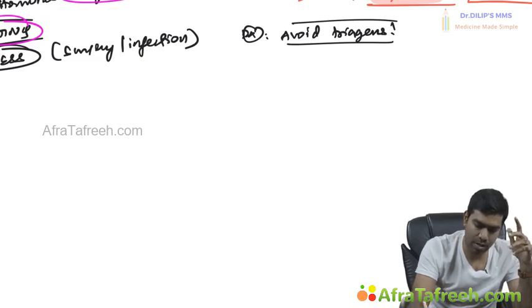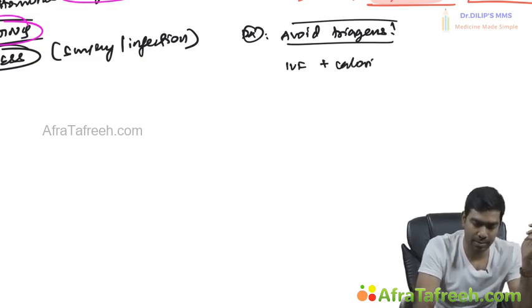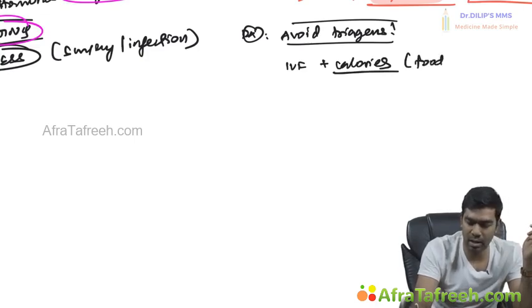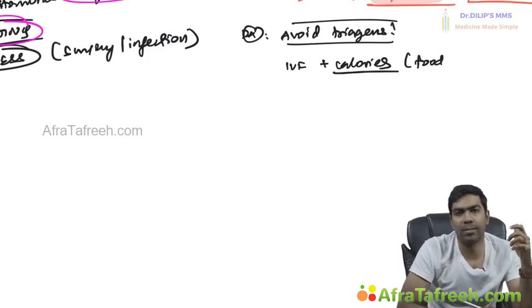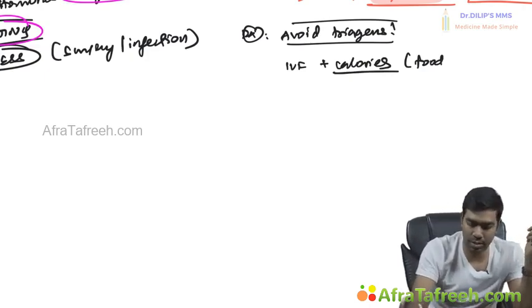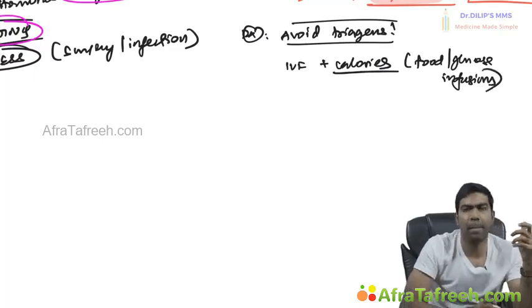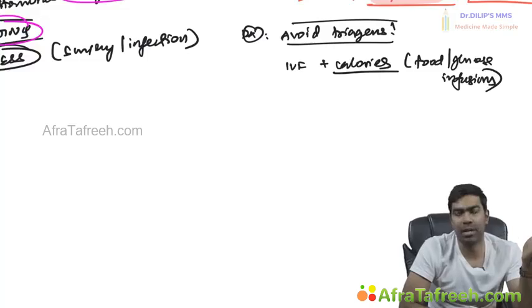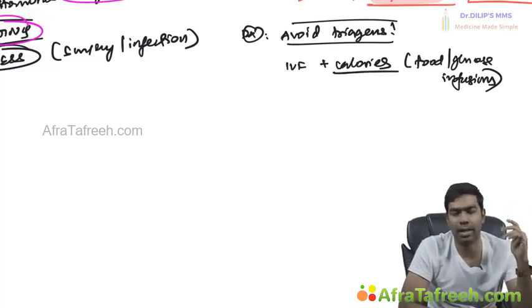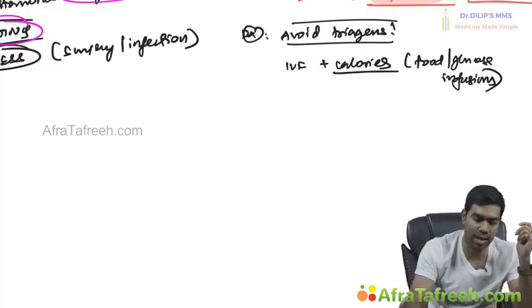Typically, you are going to use IV fluids, hydrate the patient, plus you can give a good calorie diet, which means food and a high calorie diet, or you can give glucose infusions, dextrose infusions. Because I told you fasting will accelerate the ALA synthase enzyme, but if you are giving a good amount of glucose, which is the opposite of fasting, that can result in a reduced activity of ALA synthase. That is why we use these calories also.